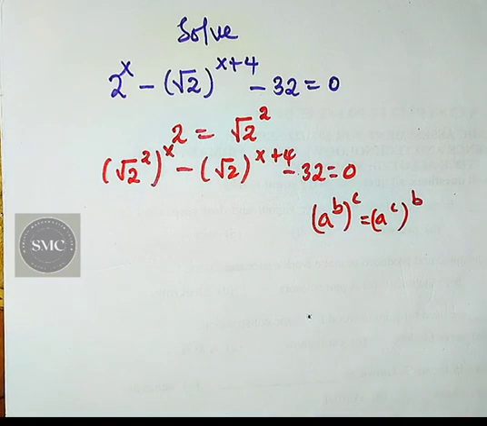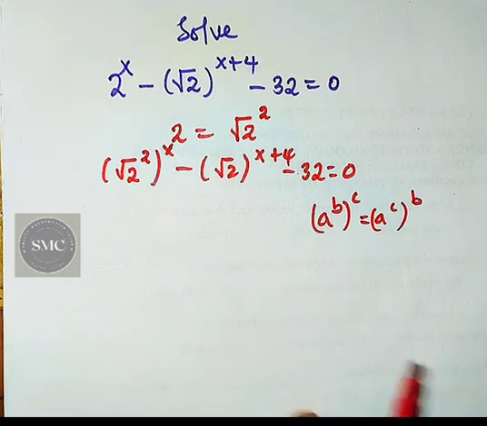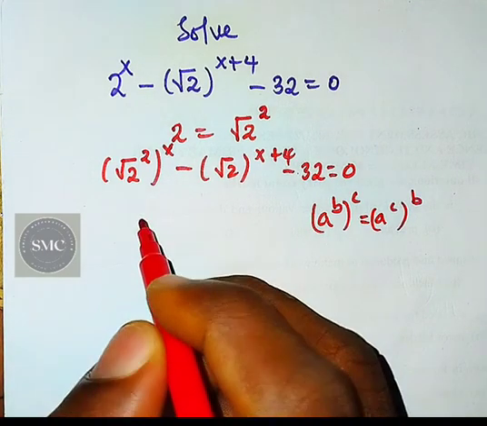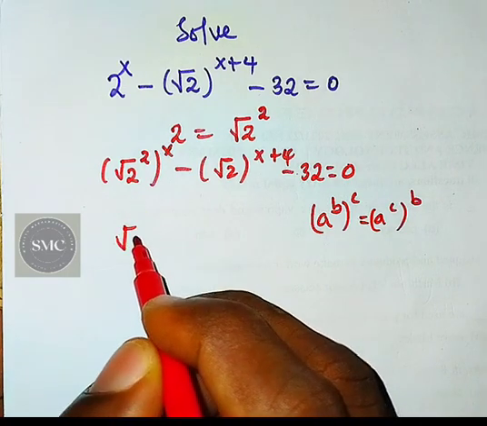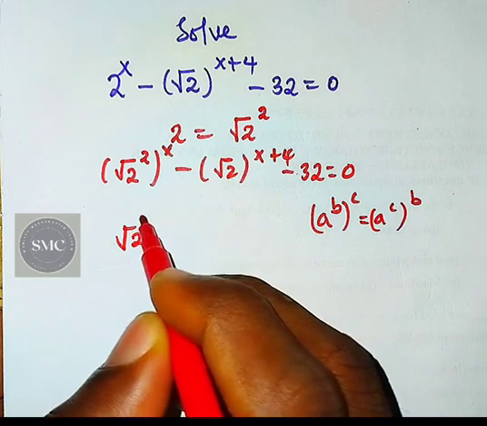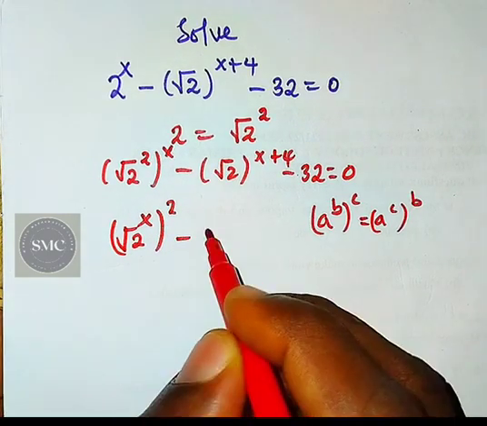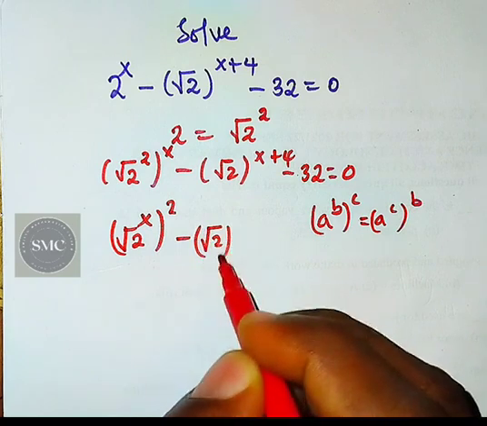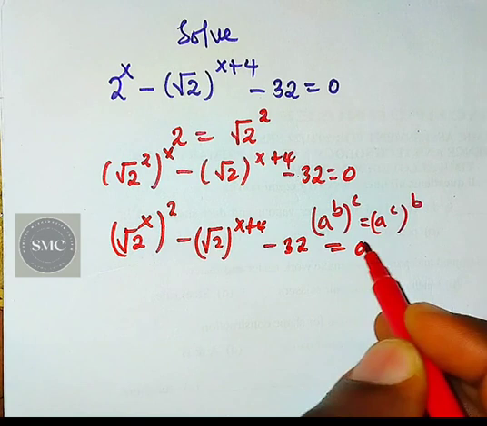Therefore the powers are interchanged. So we can have root 2, we put x inside, then we have 2 outside, minus root 2 to the power x plus 4 minus 32 equals 0.